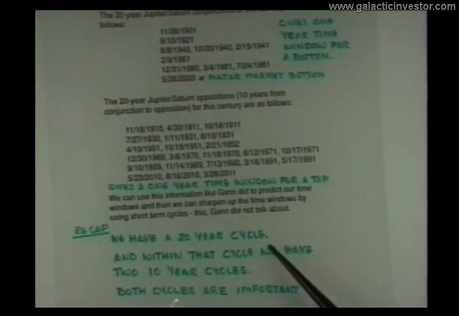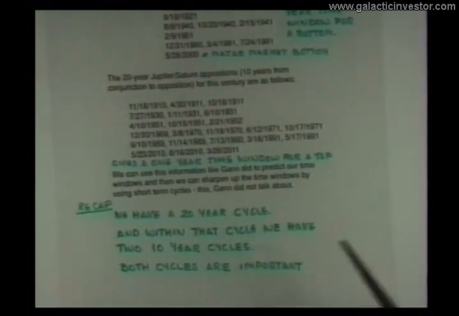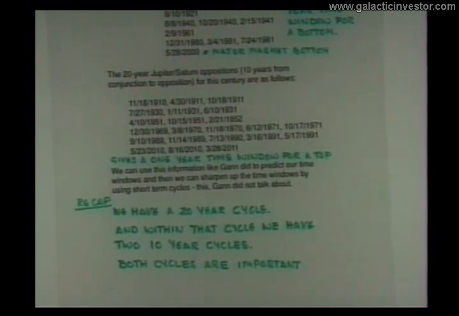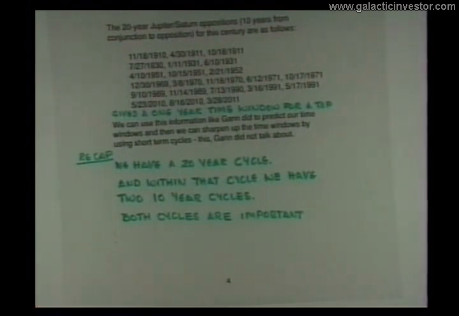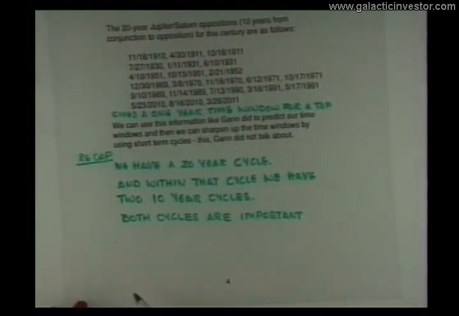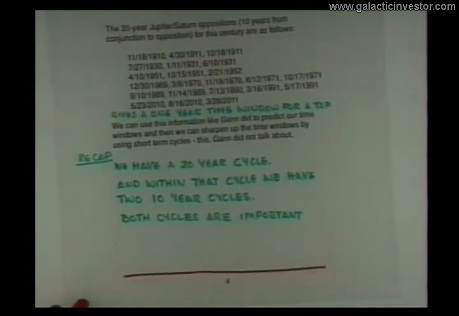So just to recap, we have a 20-year cycle, and within that 20-year cycle, we have a 10-year cycle. The 10-year cycle in itself is very similar to the 20-year cycle. If we were to draw it out, let's say this is 20 years right here, and we have a 20-year cycle that goes like this.